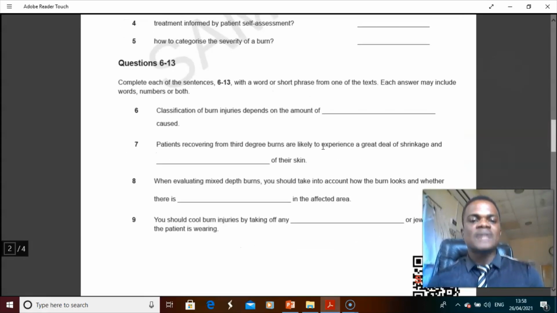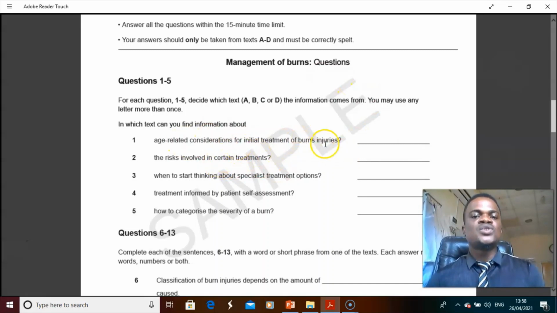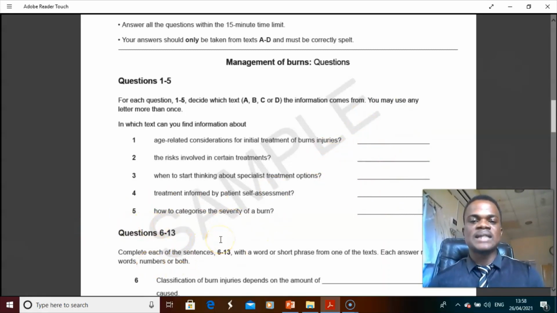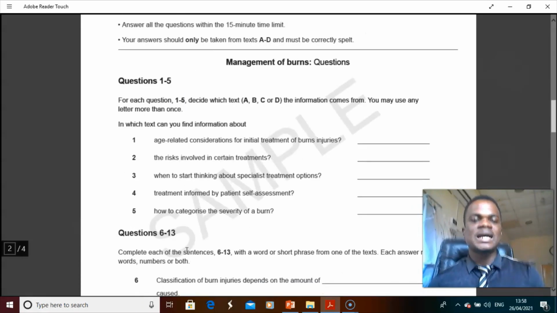Then you can now come back to the first sets of questions where you have to match the text with this question. So within less than 60 seconds, you should be able to fill this one immediately. So that's why I would always advise you answer from here before coming back to these first sets of questions where you match this information.